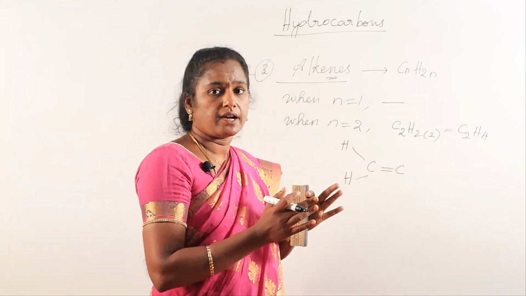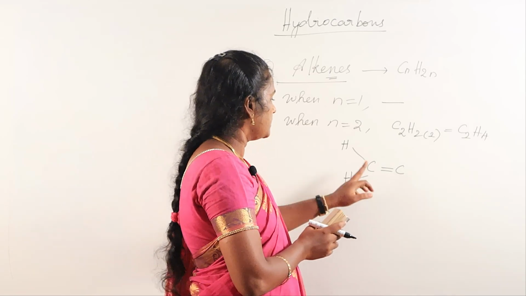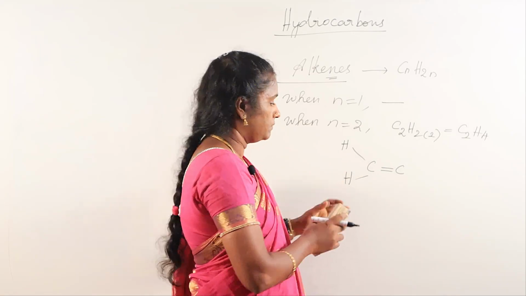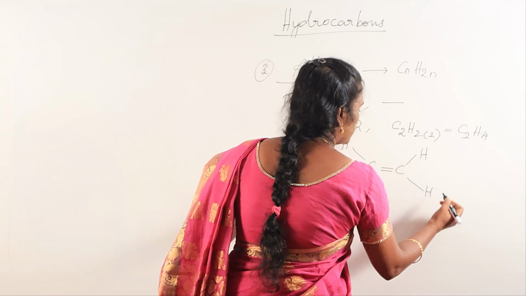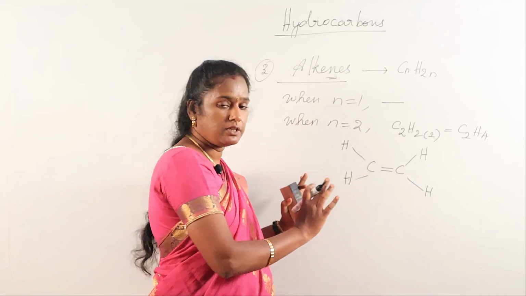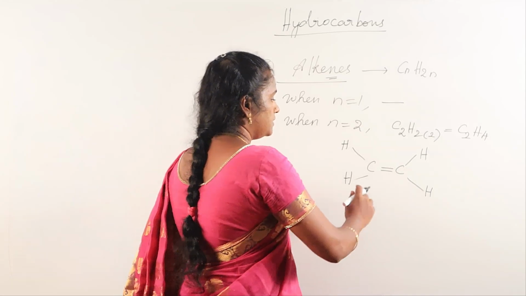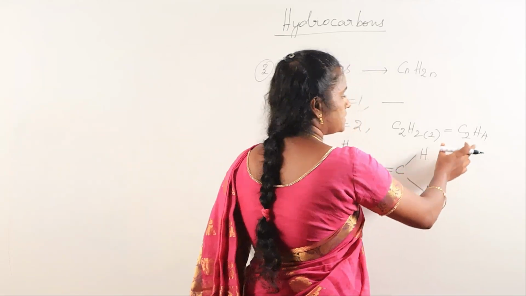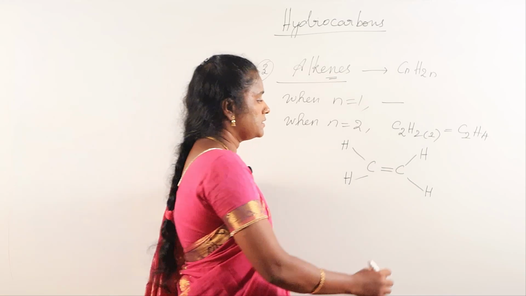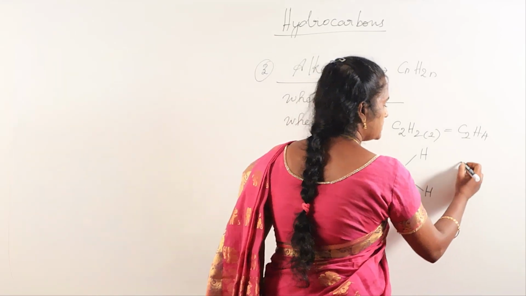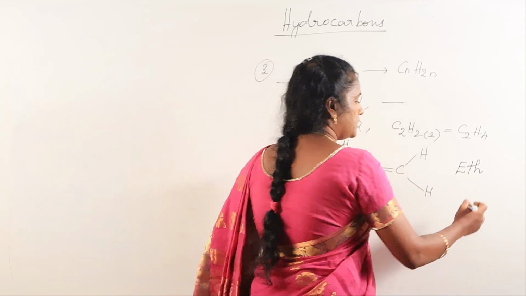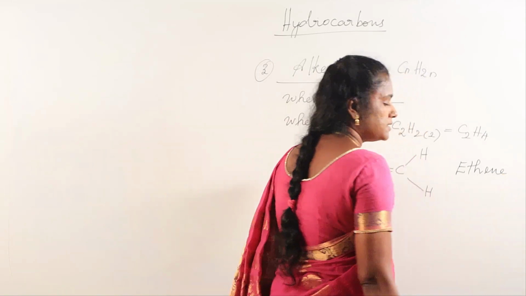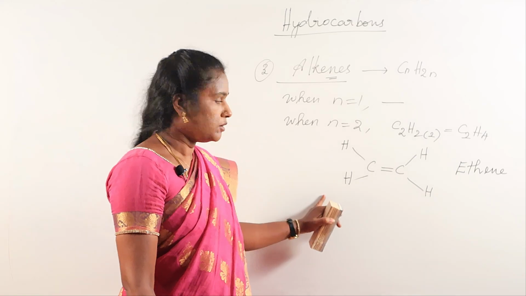because we are going to discuss hydrocarbons, so only carbon and hydrogen combine. So this carbon combines with only hydrogen, and the other carbon also combines with hydrogen. So this will be fully satisfied. This is the structure for C2H4. For this name, 2 carbons means eth is the root word, and double bond means ene. So ethene is the name of this compound.